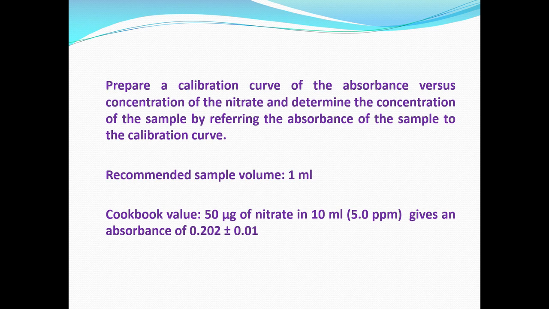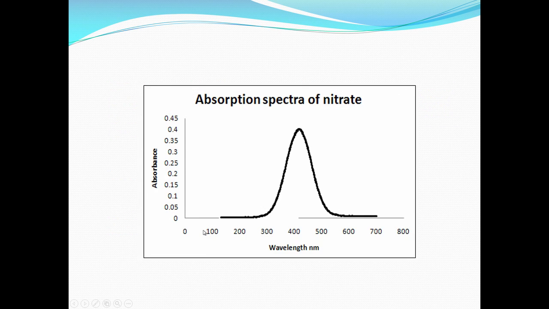So, we can prepare a calibration curve of the absorbance versus concentration of nitrate, and the cookbook value for 50 microgram in 10 ml, that is 5 ppm, gives you an absorbance of about 0.202 plus or minus 0.01, that is 0.19 to 0.21 you should be able to get without any problem with ordinary spectrophotometers, whether it is prism or grating or even a simple colorimeter, because 410 is usually covered in most of the spectrophotometers and colorimeters also.